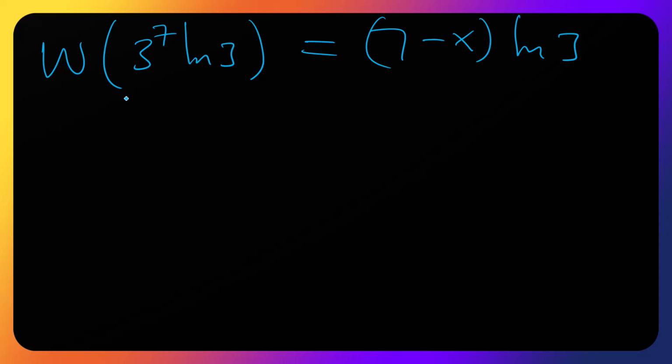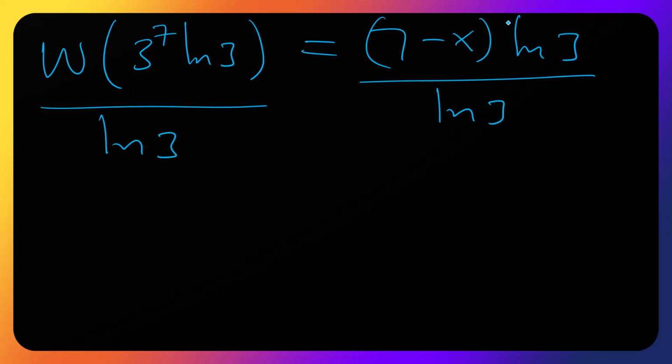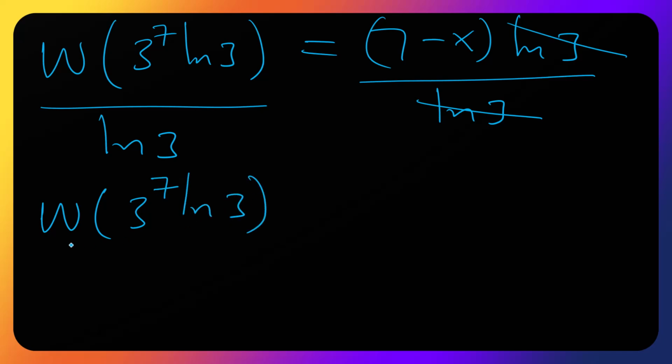You can choose to manipulate this or you can leave it. Now we can divide both sides by ln of 3. This side we have 3 to the power 7 ln of 3 equals 7 minus x.